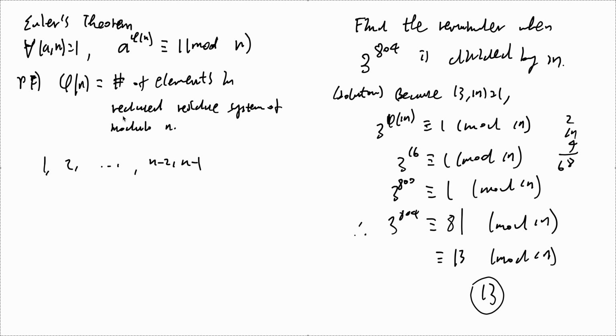That is the reduced residue system modulo n, and we're just finding the number of elements in it. And there's a good formula for it, but I'm pretty sure it's not used in this proof, so I don't think we need to talk about that here.